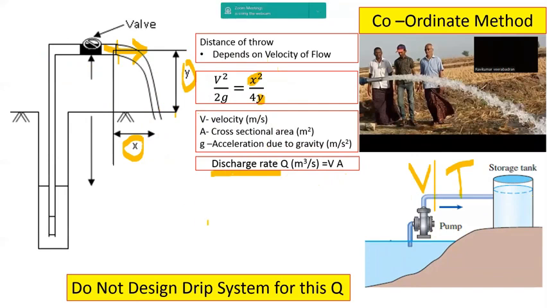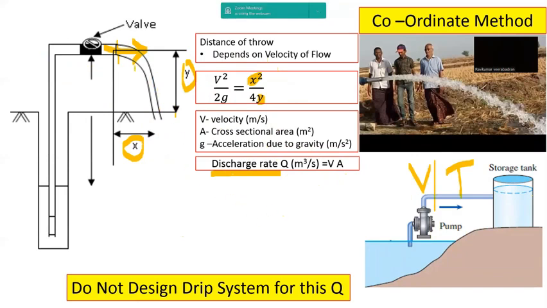It is a general tendency that people who are new to drip irrigation design would normally make use of this discharge for design of drip irrigation systems, but it should not be done so.